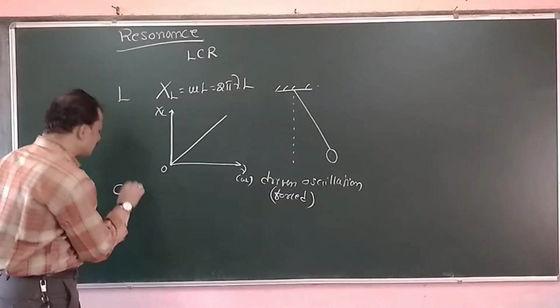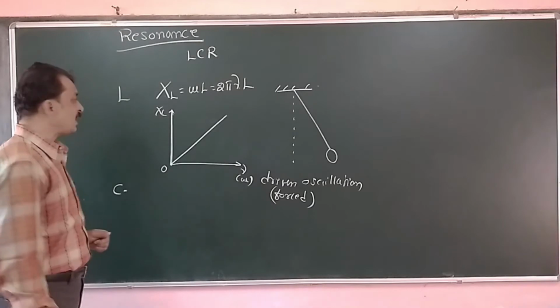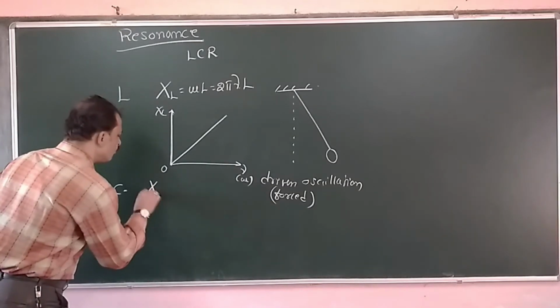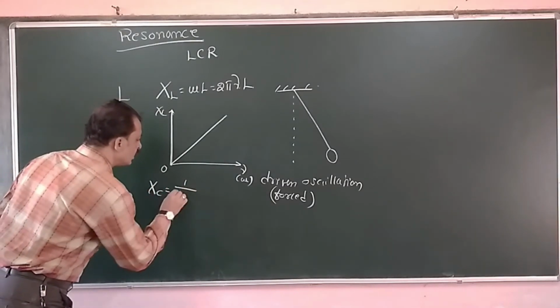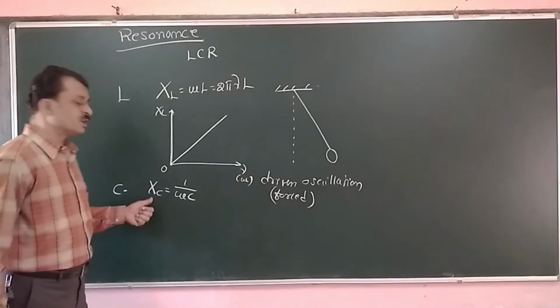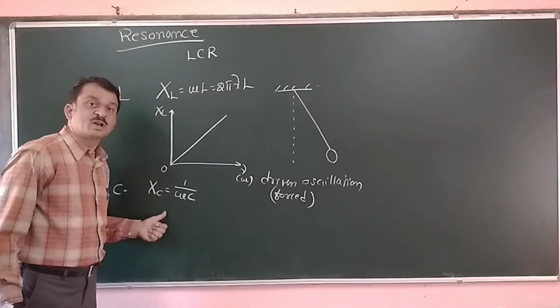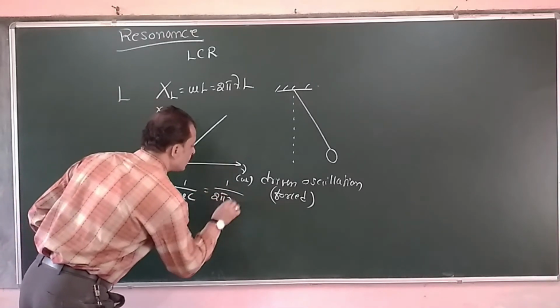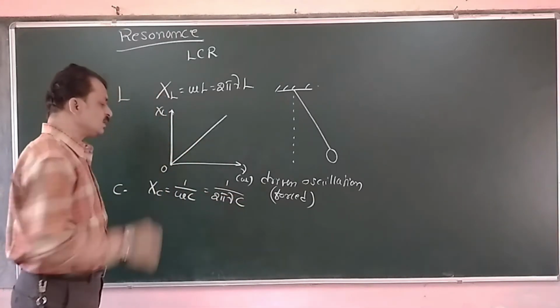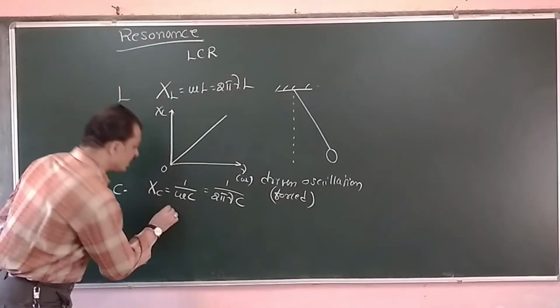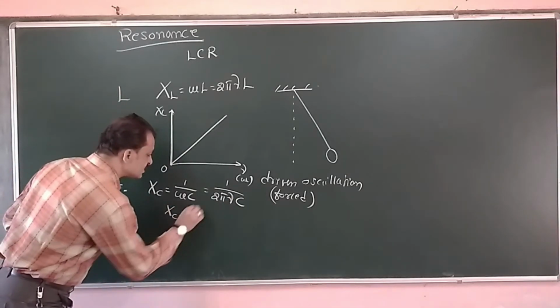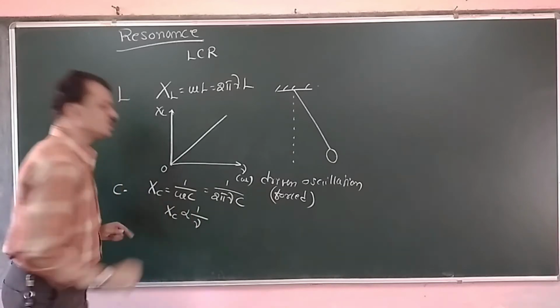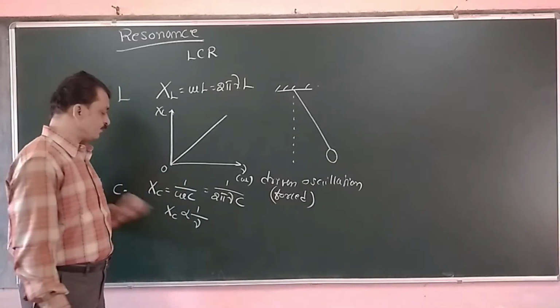Now in the case of a capacitor, we have Xc equal to 1 upon omega C. What is Xc? Capacitive reactance. That is equal to 1 by 2 pi nu into C. So the capacitive reactance is inversely proportional to the frequency.